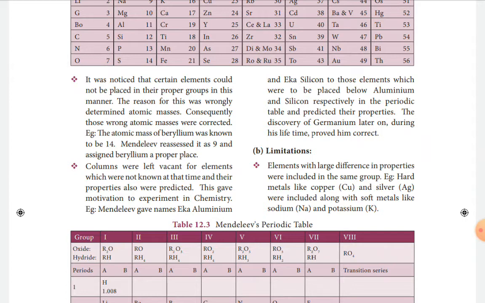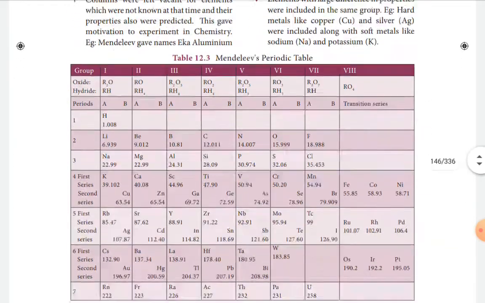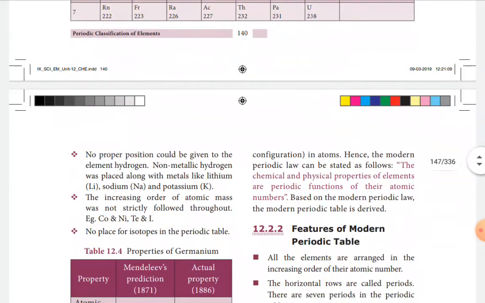Hard metals like copper and silver were included along with the soft metals, and there was no proper position for hydrogen, and the increasing order of atomic mass was not strictly followed. When you check cobalt and nickel, tellurium and iodine, these elements were not placed in the suitable place, because nickel's atomic mass is 58.71 and cobalt's is 58.93.